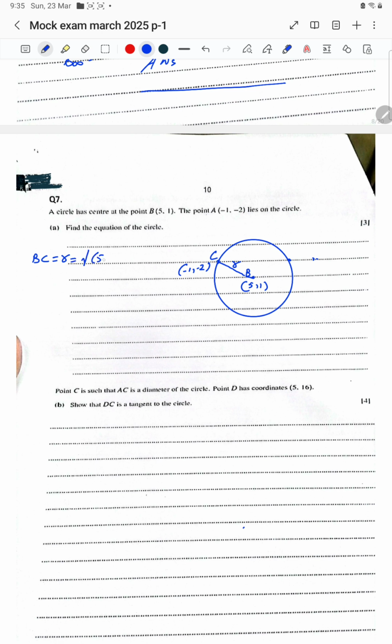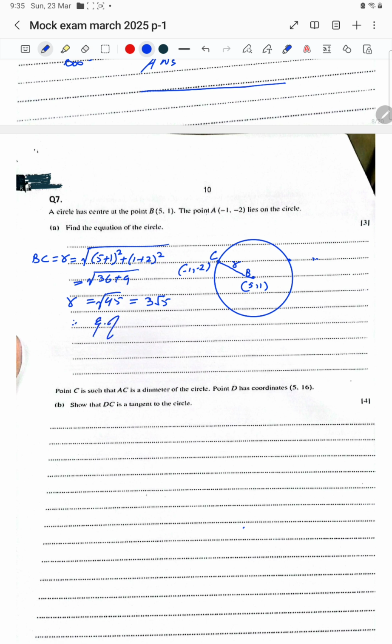So this is (5 - (-1))² + (1 - (-2))². We will apply the coordinate geometry here because it's taken from coordinate geometry. 36 plus 9 will be root 45, or further 9 times 5, so we can write it even like this. This is the r.